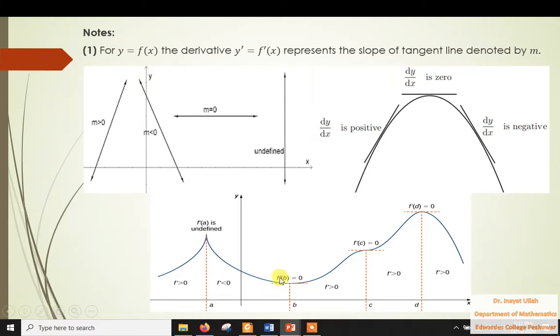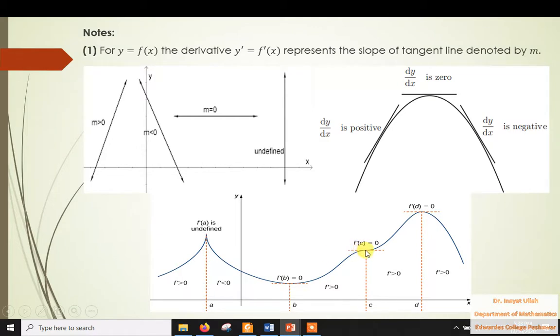So the derivative of the function will be 0. So that is the point b on the x-axis. For this value of x, the derivative of the function is 0, because if you draw a tangent line at this point, that will be parallel to the x-axis.